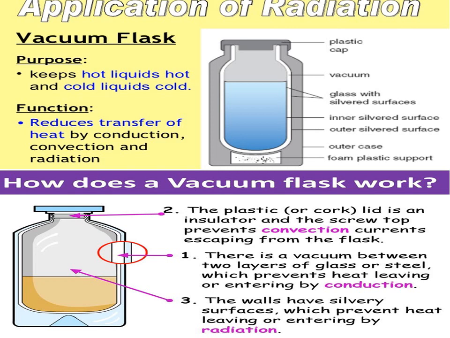Both the walls are polished, so they are shiny. The space between the two walls is a vacuum. This prevents heat loss through convection, since there are no air particles to carry out the transfer of heat. The shiny surface of the walls also prevents heat loss through radiation.